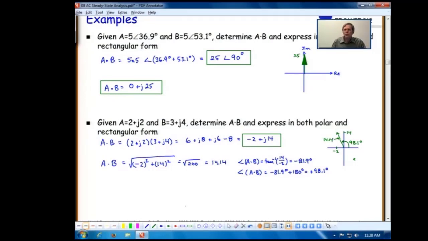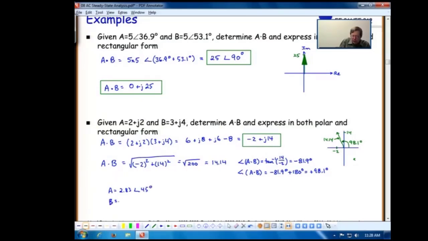Now I'm just purely working with numbers. When we get to problems, these numbers will refer to current in amperes or voltages in volts. So we'll be describing voltages as having a magnitude and an angle. Of course, the other way to do this is convert A and B to polar form first and then multiply them. So A, 2 plus j2, converted to polar form is 2.83 angle 45 degrees.